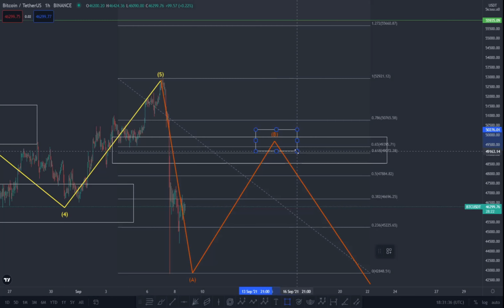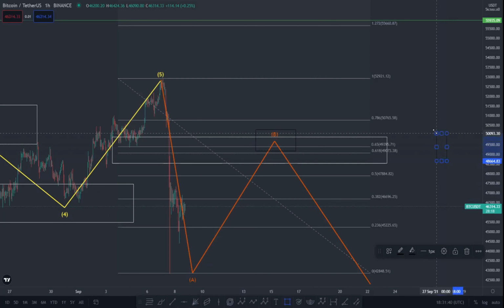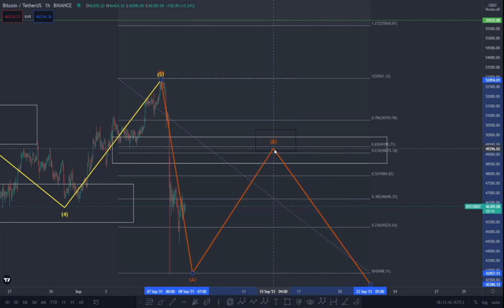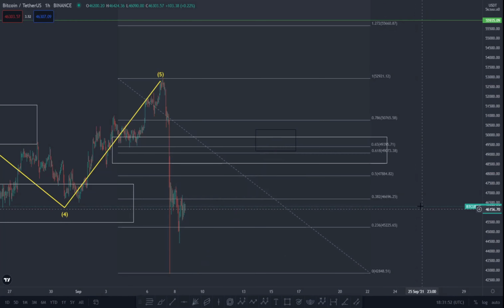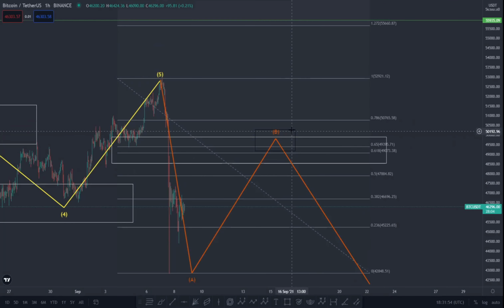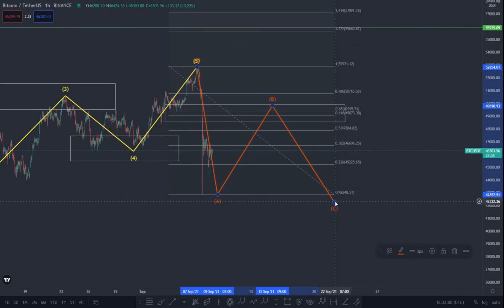I don't want to have anybody be that easily convinced. It will probably wick a bit above, convincing everybody, well, this move is done, we're going back up, but that's just not how correction waves work. Oh, deleted the wrong one. So where would this wave end? Well, we have a few different corrective waves.